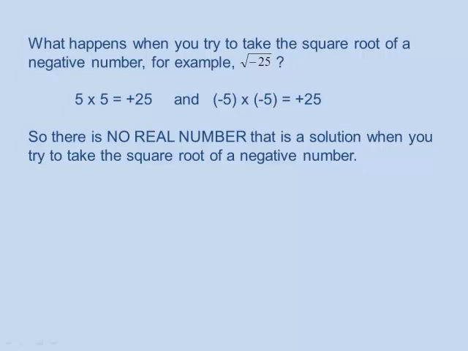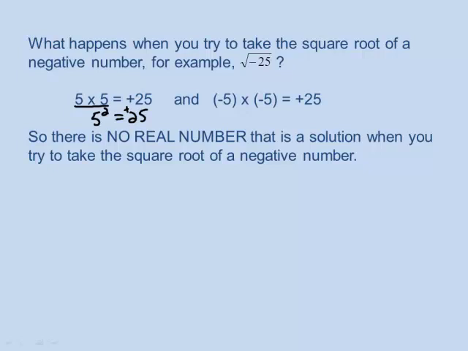What happens when you try to take the square root of a negative number? For example, let's say you were asked to take the square root of negative 25. That's a problem because there is no number that when you square it gives you negative 25. For example, 5 times 5, which could be written as 5 squared, is not equal to negative 25, it's equal to positive 25.